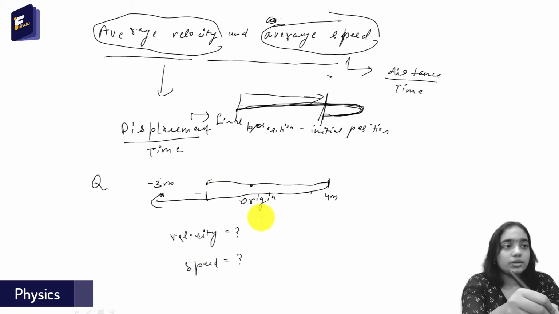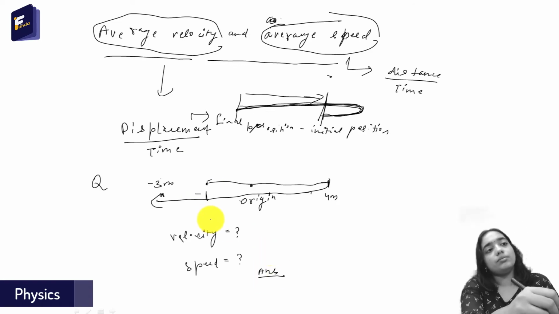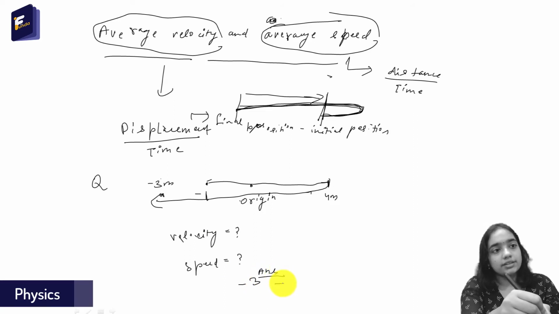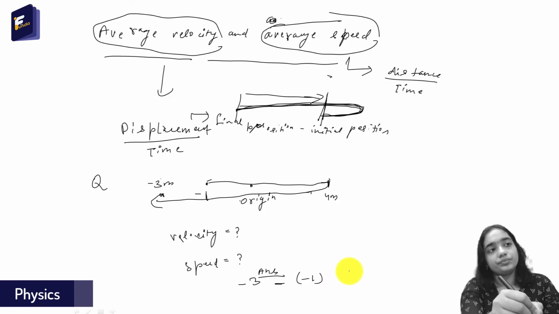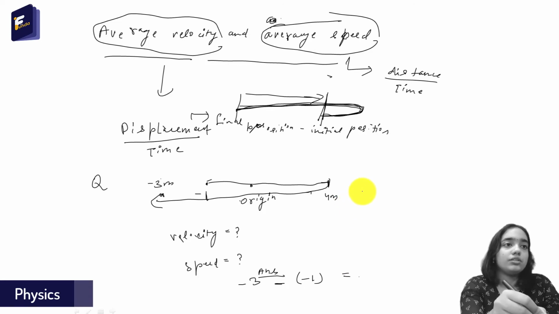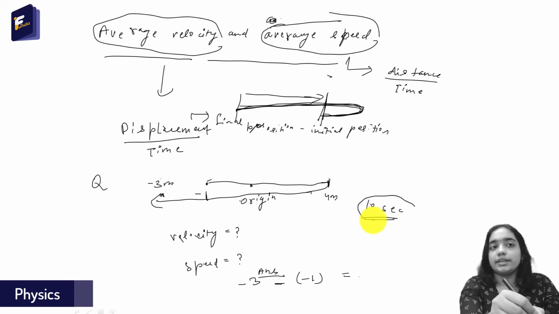So the answer is, see, it is very simple. We know that displacement is final position minus initial position. The final position is -3, the initial position is -1. I'm sorry, I forgot to give the time. You can take time equal to t, or you can take time equal to 10 seconds.